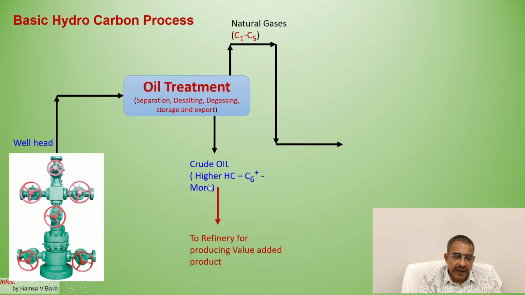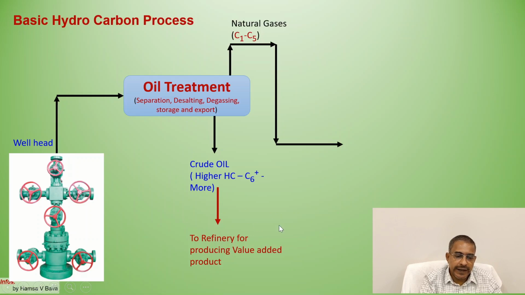Then after the crude oil treatment, it will go to the refinery for value-added products like diesel, gas oil, petrol, kerosene, jet fuel, various liquid fuels, you can say.